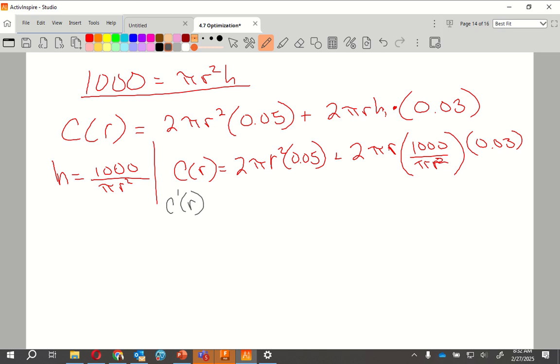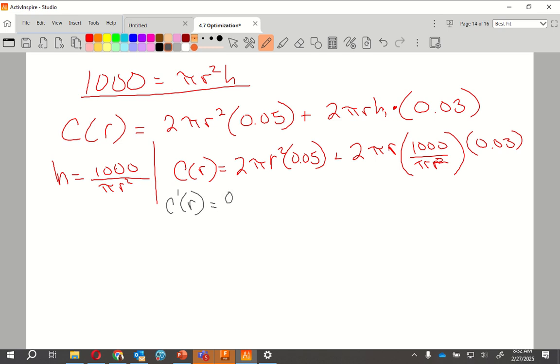is going to be, I can multiply 2 times 0.05, right? So 2 nickels is going to give me 10 cents. But when I take the derivative, I'm going to have another 2, so that's going to be 20 cents.